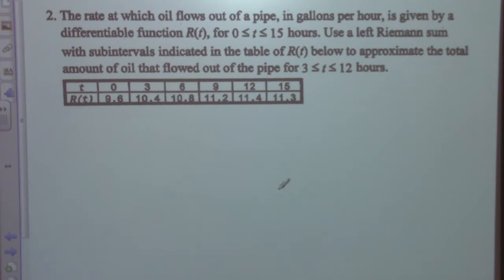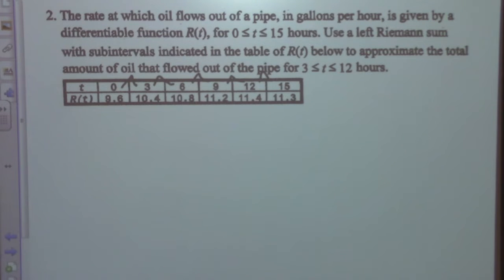How many subintervals do we have here? 5. Why is 5 the correct answer? Because there are 6 boxes with only 5 numbers, so you're going to have 5 intervals between the numbers. One subinterval here, another here, 3, 4, 5.